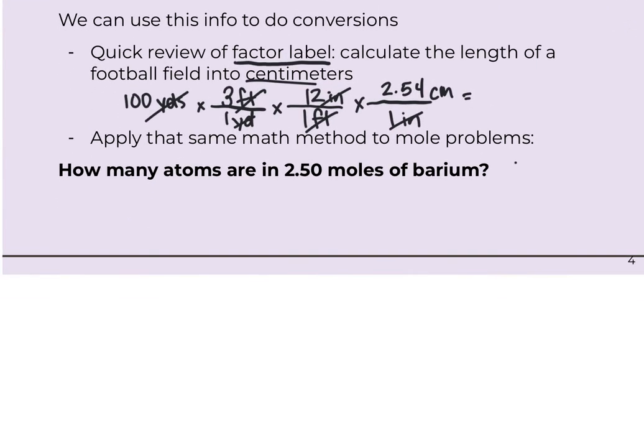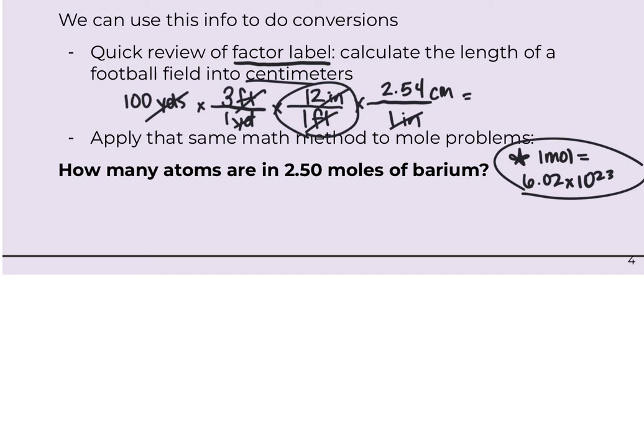So if I remember that 1 mole is equal to 6.02 times 10 to the 23rd particles, remember, that's just a conversion factor. Nothing different than 12 inches in a foot. So if I'm looking here, I have 2.50 moles of barium.